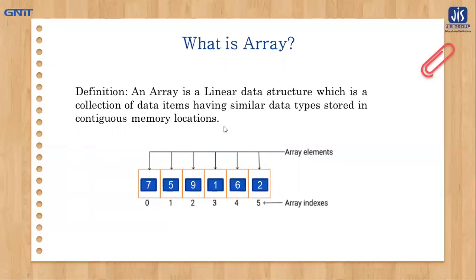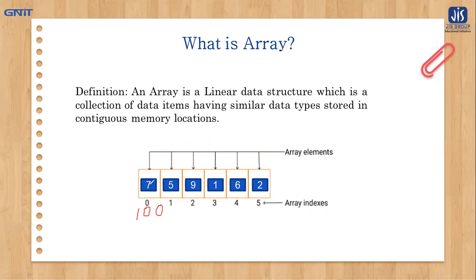For an array, suppose we know the address of the element 7, then we can easily find out the address of all other elements present in that array, as they are stored in contiguous memory locations. Suppose the address of 7 is 100.